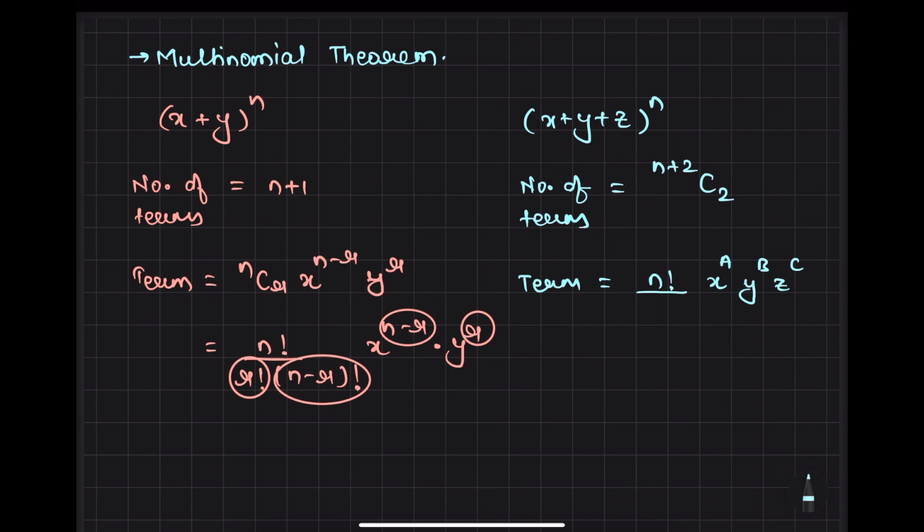So on the denominator we will have a factorial, b factorial, c factorial. Okay, so this is the general term of the multinomial. Now the condition is a plus b plus c should be n. Here also if you add these powers you will have n, so there also you will have n.